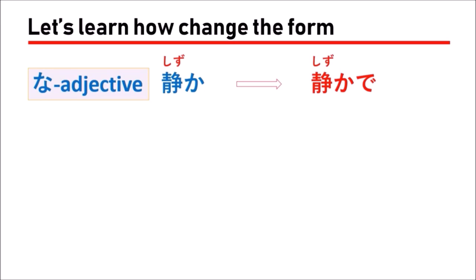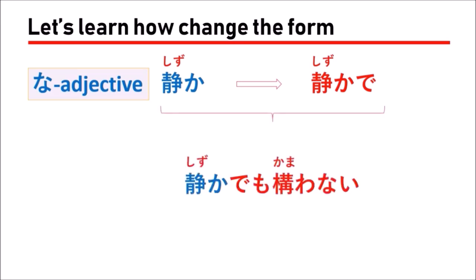According to the rule of the grammar, after the na-adjective, you should follow by de, right? So we change shizuka to shizuka de. And when we use it with the grammar kamawanai, you can say shizuka de mo kamawanai. That means you change to de and after that follow by mo kamawanai, as you see here.